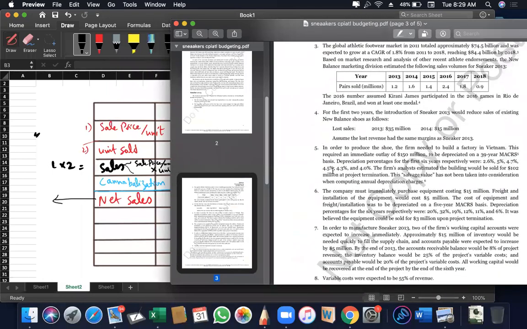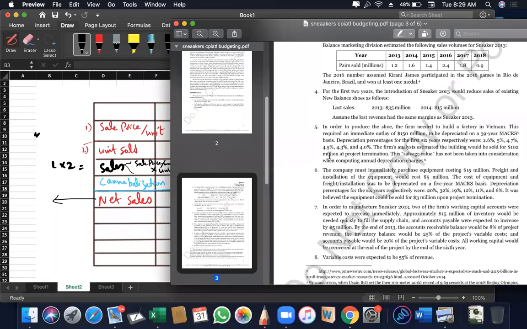now the fifth point, the sixth point, they are about the fixed assets. The fifth point is about the factory, the sixth point is about the equipment, and the seventh point is about the working capital. Now as per the formula, it is sales minus cost minus depreciation. So I have calculated the sales. Now the next step is to calculate the cost. The costs are given from point 8.